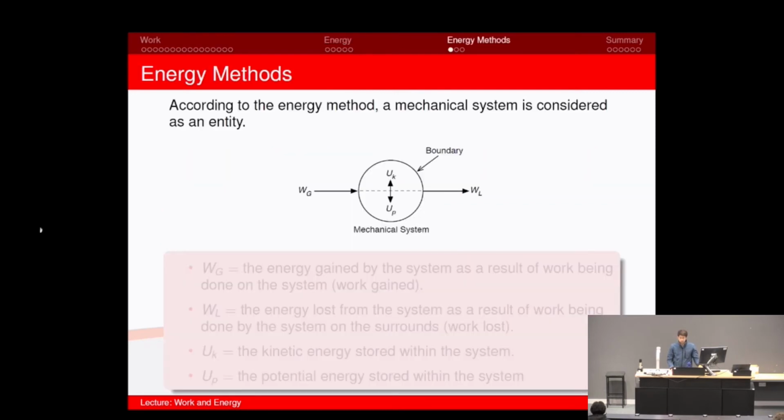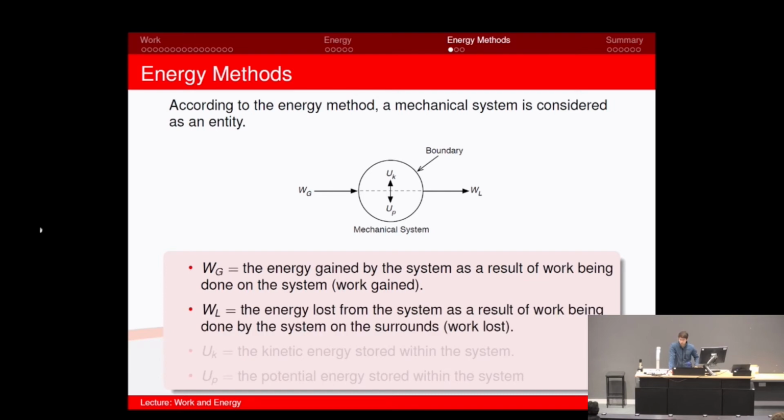So we get a nice little diagram showing the potential energy and kinetic energy of a system, and then we also introduce any work done on the system, as well as any work lost, so work that the system does. W subscript G is the energy gained by the system as a result of work being done on the system. That would be external forces prompting it into movement.